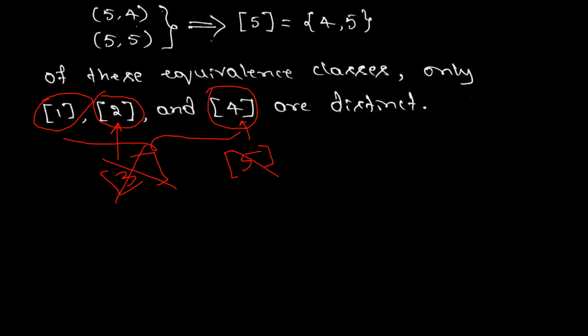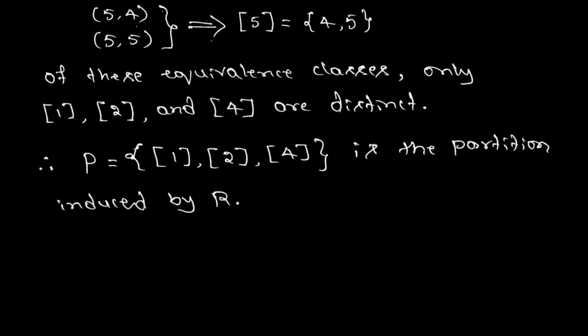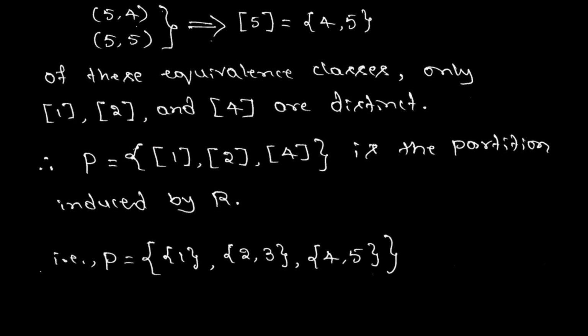We have to take only distinct classes. Now, therefore, the partition set P can be written as the equivalence class generated by 1, generated by 2, and generated by 4. This is the partition induced by R.